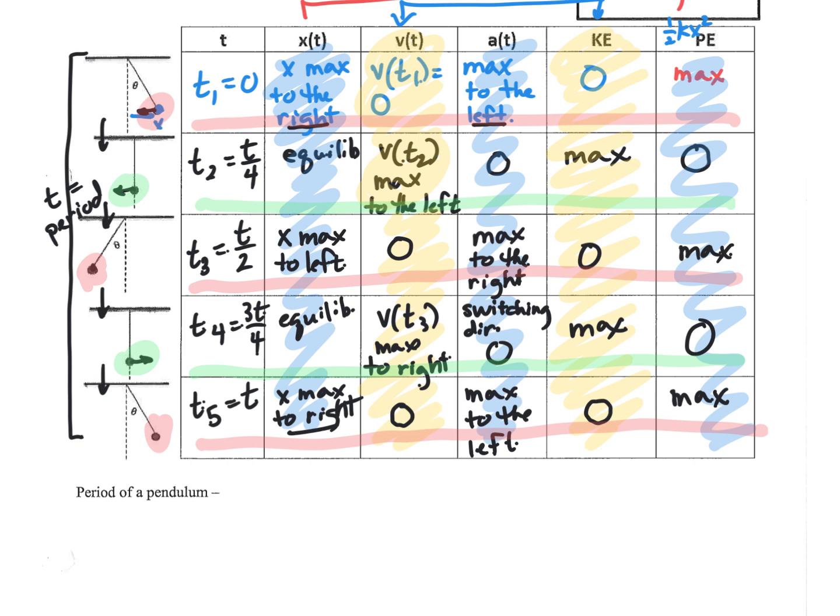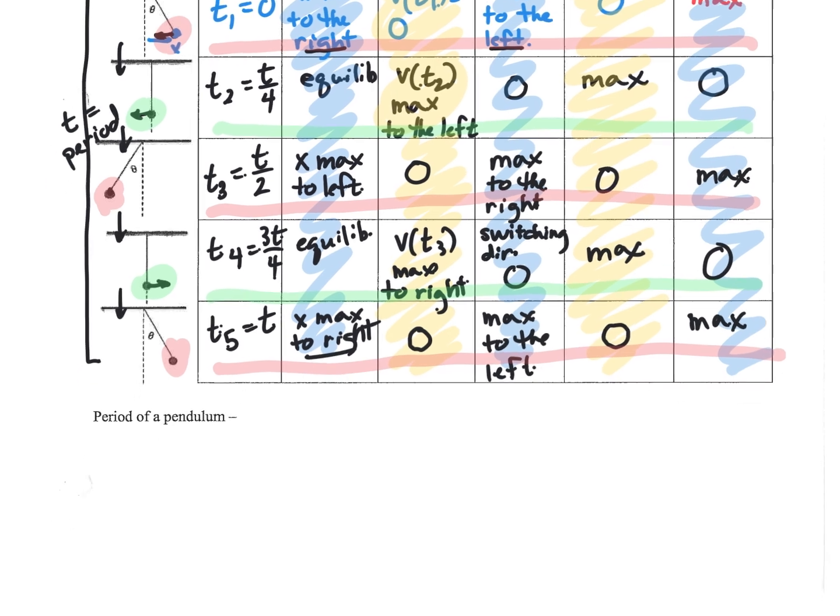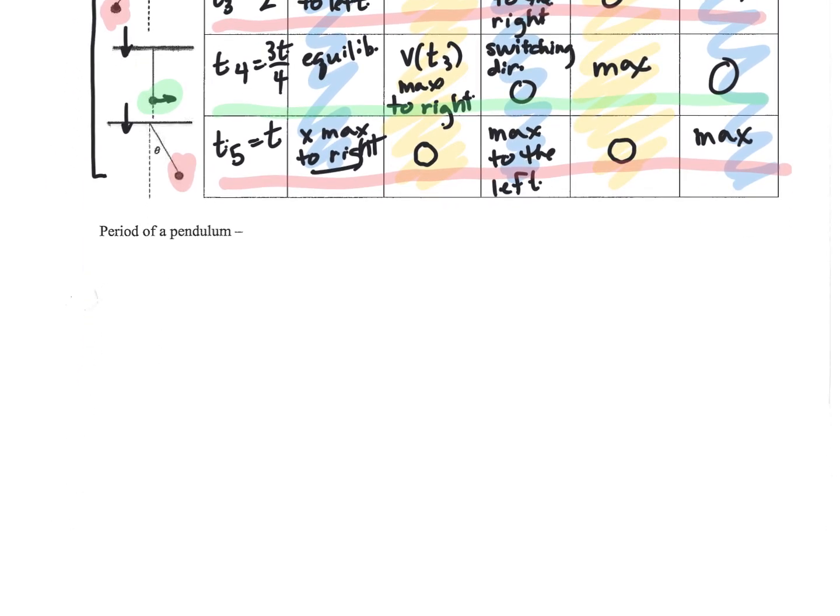Okay, so now let's talk about the period of a pendulum. The period of a pendulum is dependent on a couple of things. It is dependent on the length of the string, okay?